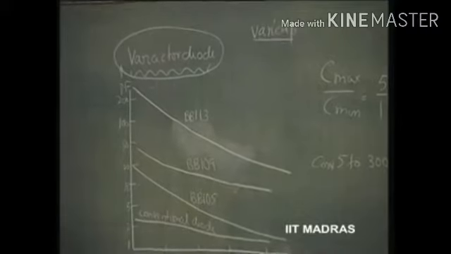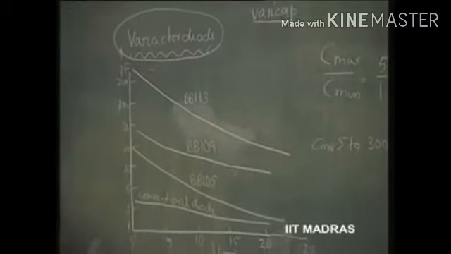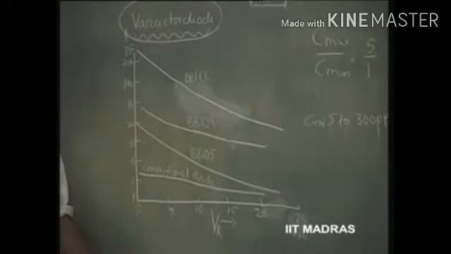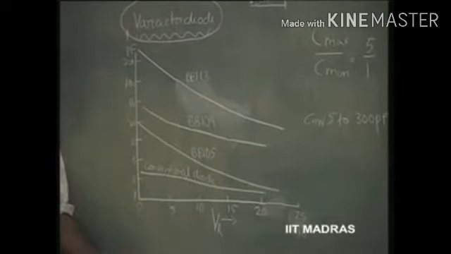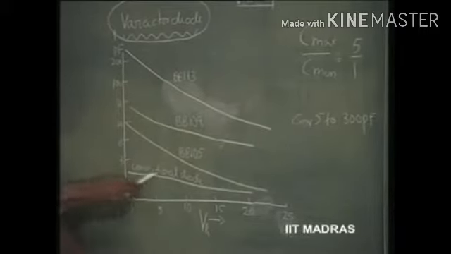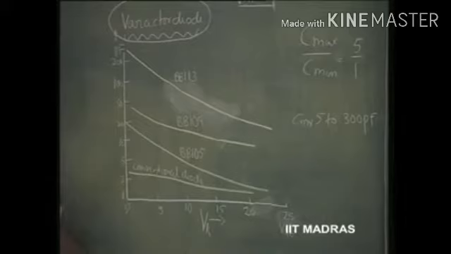So, I have now given you the typical characteristic of commercially available varactor diodes, 3 of them, compared with a conventional diode, whose variation from maximum to minimum is not going to be significant, because it has not been manufactured for the purpose of using its variable capacitance.